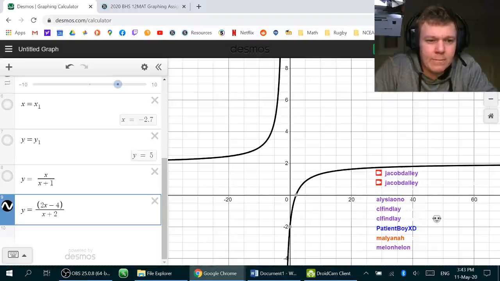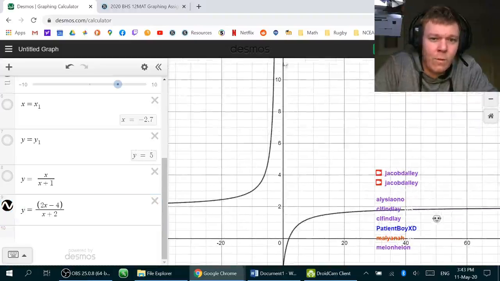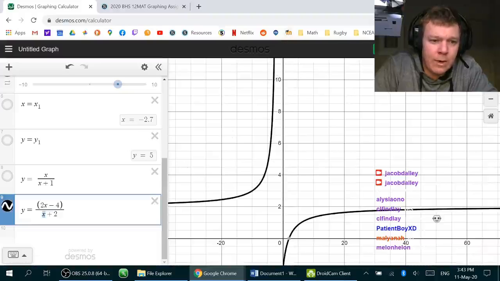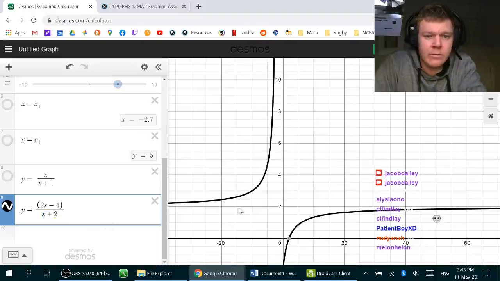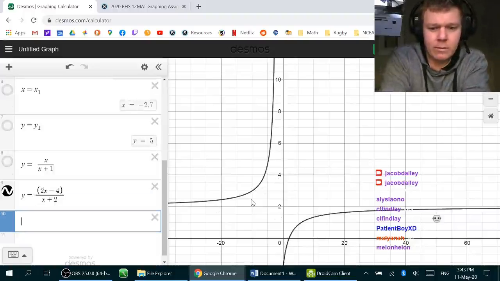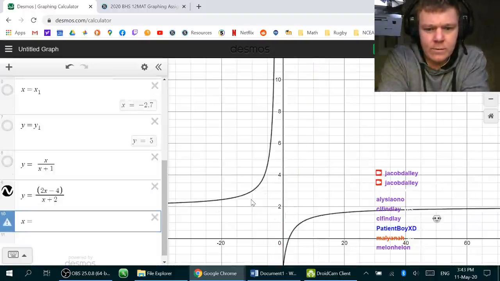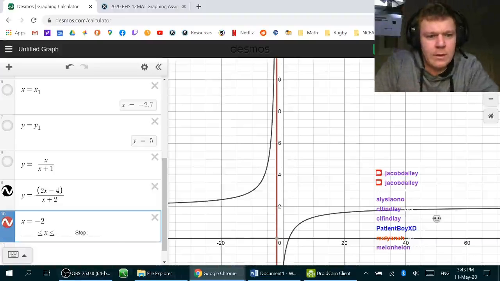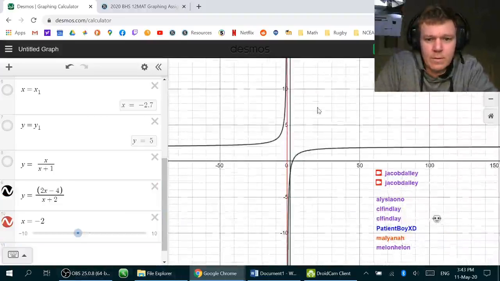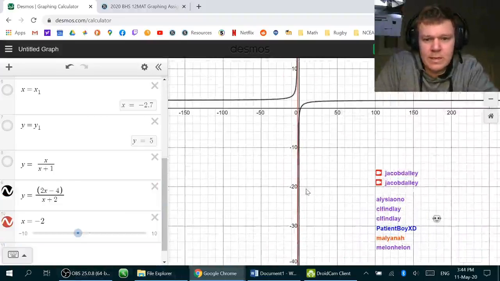The other thing is, what makes y go to infinity? Well, that happens when this bottom term is very close to 0. So if I go x equals minus 2, that'll give us an asymptote that our graph tends to.